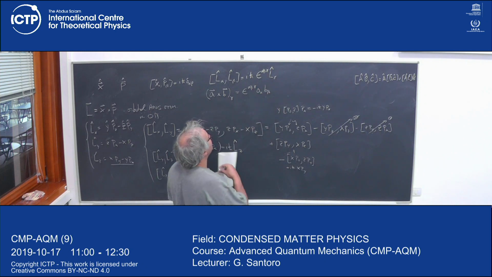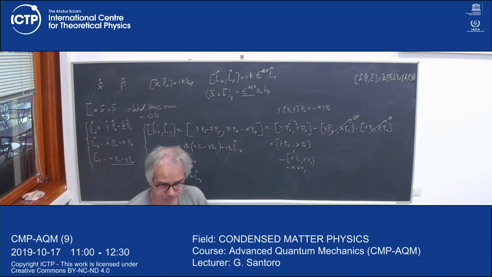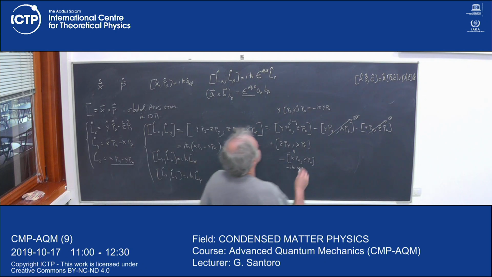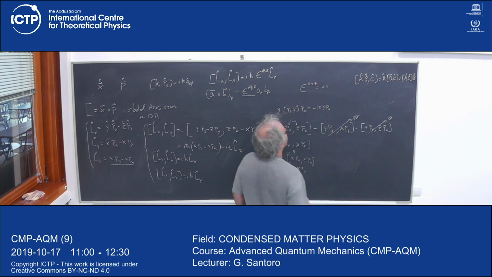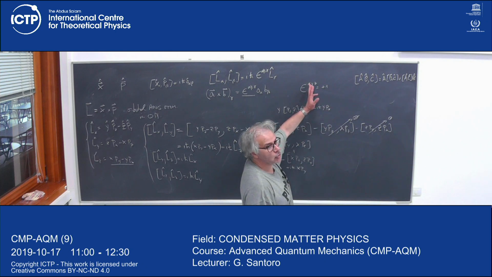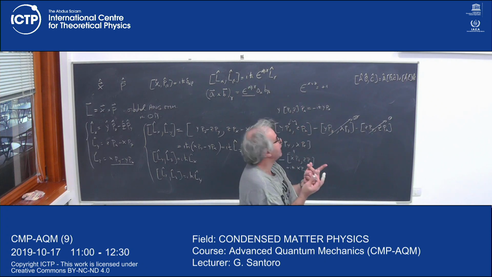But the interesting fact about this object is that it is mostly zero, except for 1 and minus 1. For instance, epsilon x, y, z is equal to plus 1. If you exchange any two indices, you get a minus 1. But if you exchange two of them again, you get a plus 1 again.